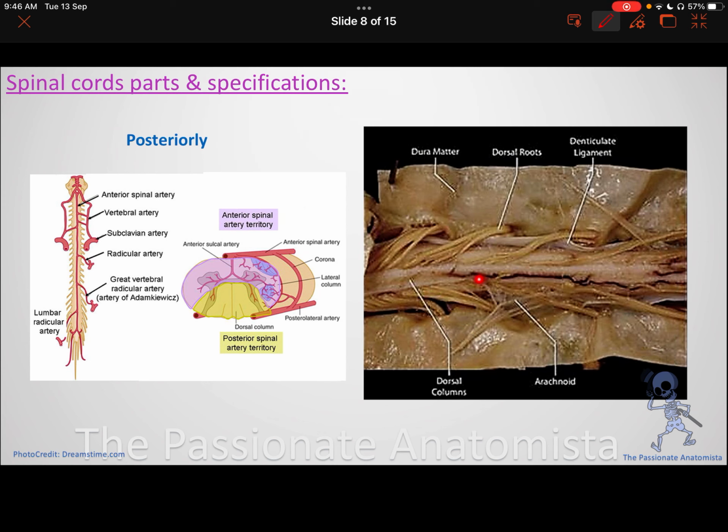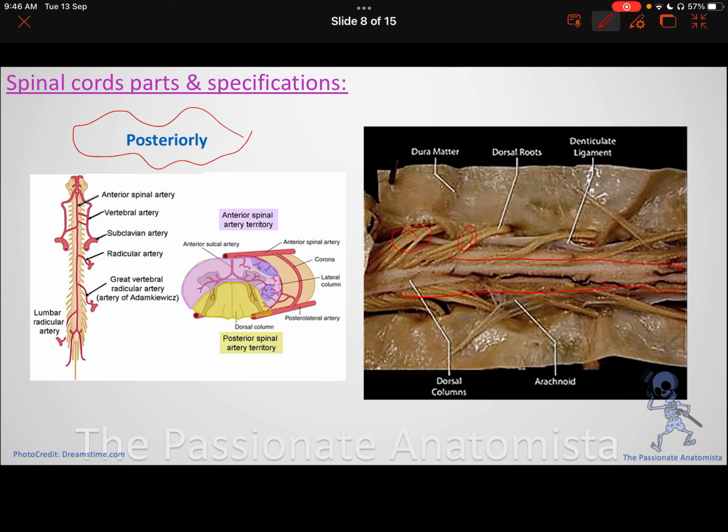But in fresh specimens, you need to look for the spinal artery so that when they ask you in the exam to identify the roots, for example, which roots are these, you're going to say this is dorsal roots or ventral roots based on the spinal arteries. If you can see two arteries coming on either side of the spinal cord, it means you are posteriorly.